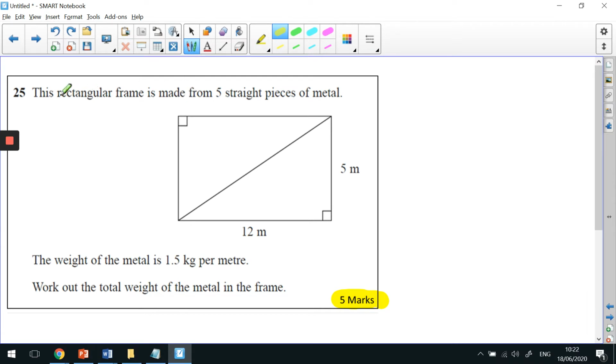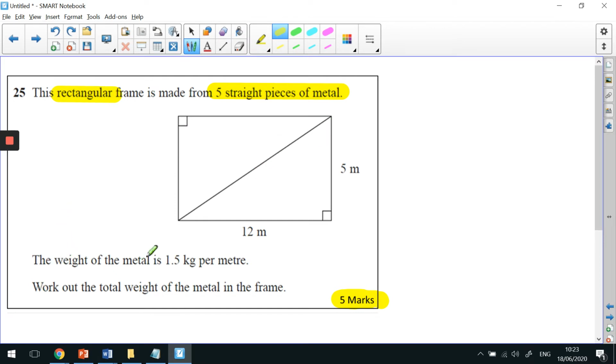Okay, so let's read the question. So this rectangular frame, so rectangular means there's a rectangle involved, okay? It's made from 5 straight pieces of metal. Okay, so I can see those, can't I? One there, one there, one there, one there, and then one cutting across the middle. So 5 straight pieces of metal.